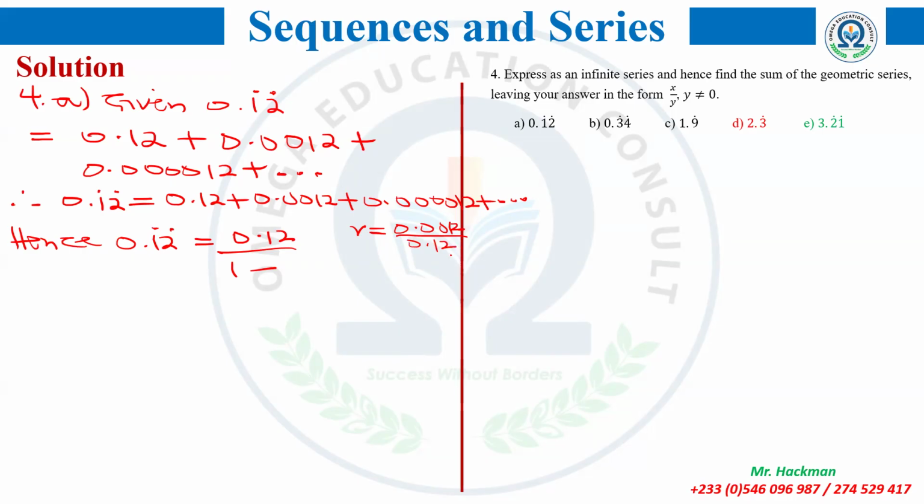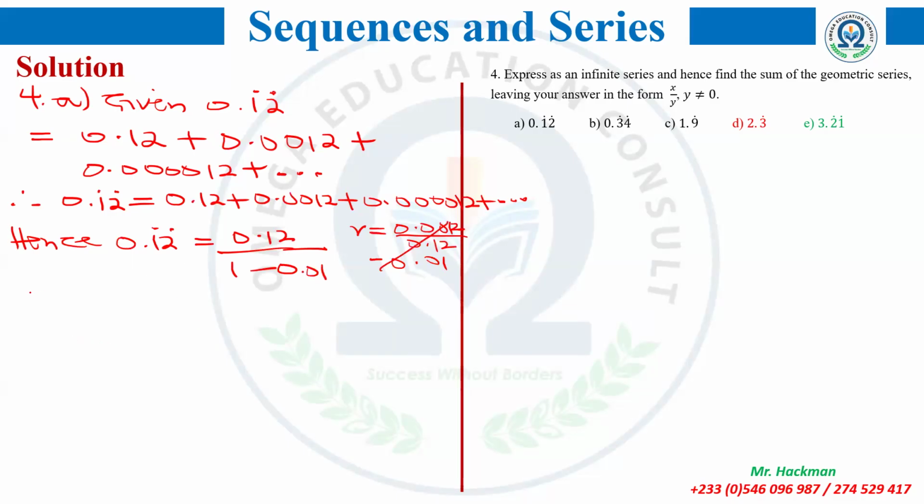I'm waiting. 0.01. So this time, it's not 0.1. Take note. So your r will be equal to 0.01. So it means I'm going to get 0.01 here. Remember this happens to be your rough work. You cancel it.